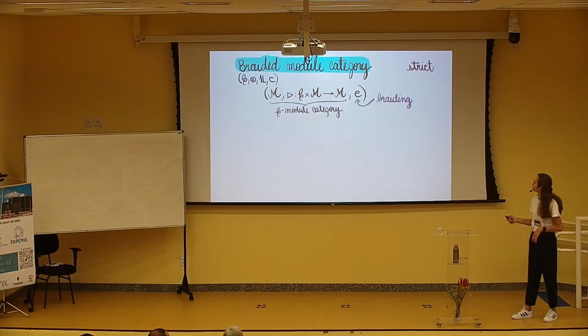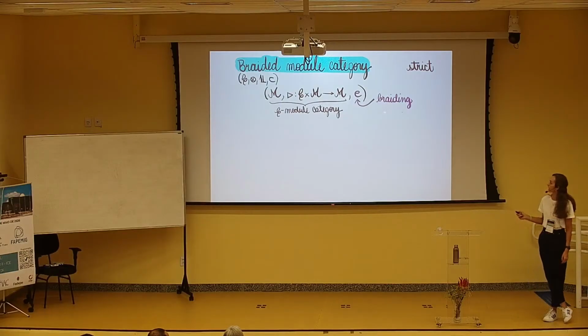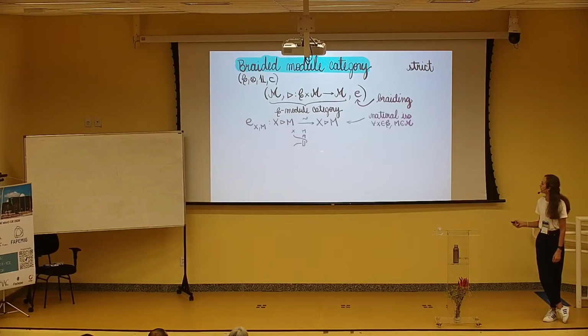So I have an extra guy here, which is a braiding. What is a braiding for a module category? It's a family of natural isomorphisms that go from X acting on M to X acting on M. It's weird, but it's like the string is turned around a pole. And this is the draw I'm thinking about.